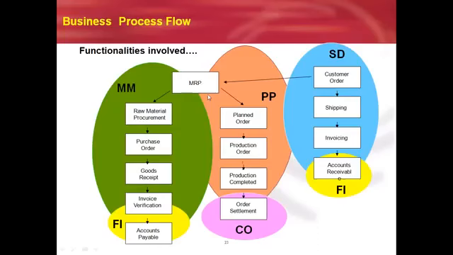Next, the other end of the MRP is, if the company has the stocks of the raw materials, then go for the planning, production, and finally the costing will take place, which is done by the controlling. When the finished material is executed, then the sales activities come into the picture, where the company is going to deliver the material to the customers, shipping, loading, unloading sections, and billing will take place, which is done by the finance.